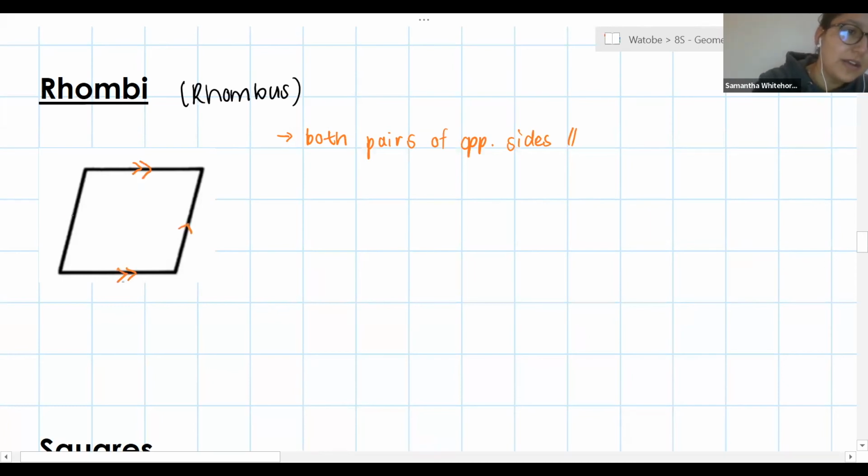There we go. And all four sides are equal. And this is now one of the defining characteristics of a rhombus. When those four sides are equal, we're starting to work with a rhombus. We can then get more specific and start to work with a square, but we'll get to that in a second. Both pairs of opposite sides parallel, and all four sides are equal.